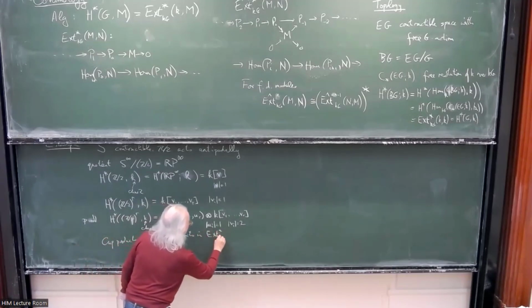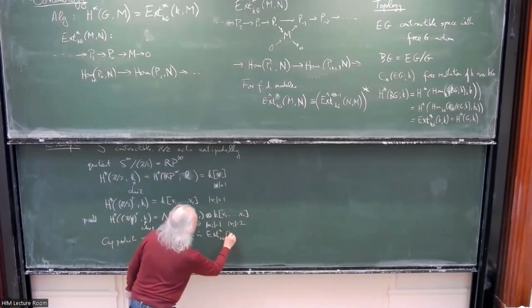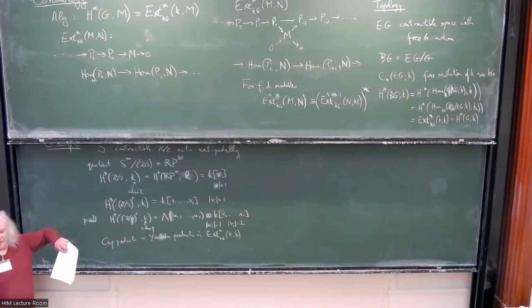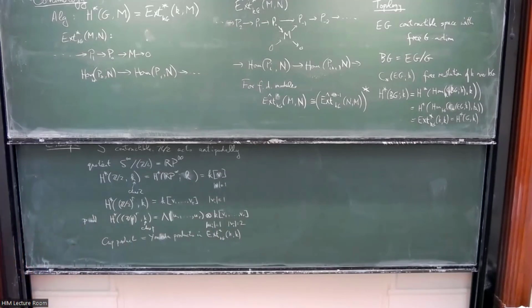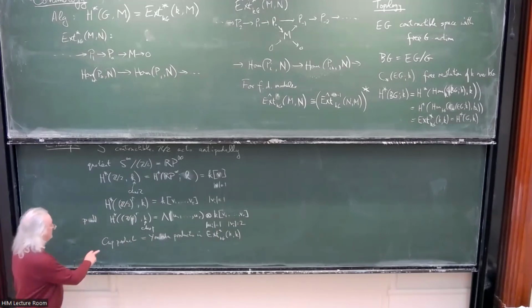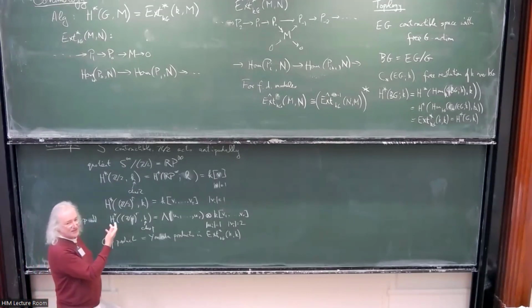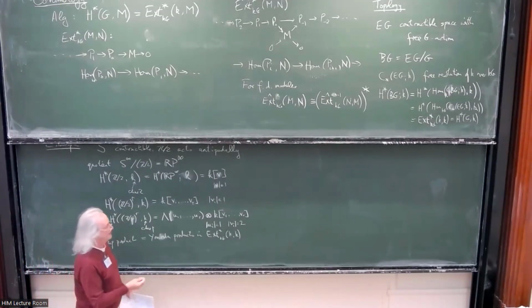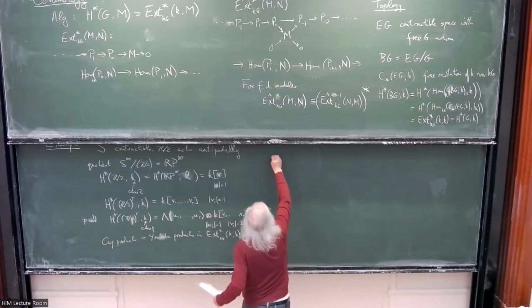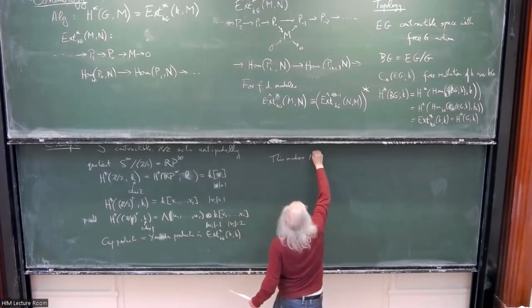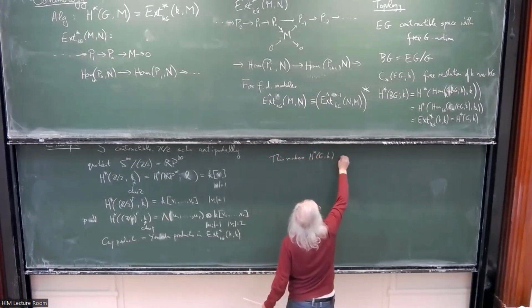You just take an exact sequence representing the element of Ext and you splice it to another exact sequence to get Yoneda products. But because they also have a cup product definition, it's actually a graded commutative ring. So this makes H star of G, K graded commutative.